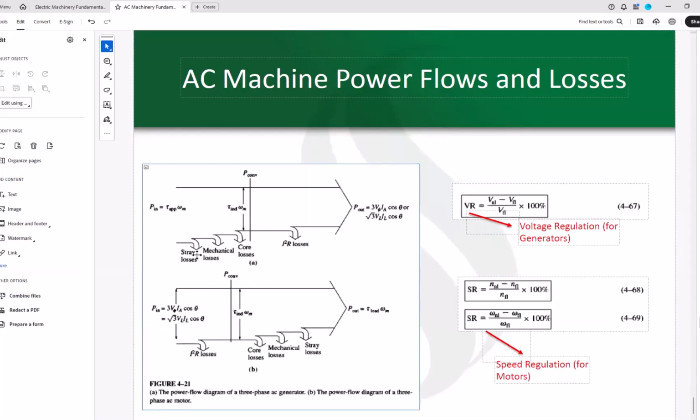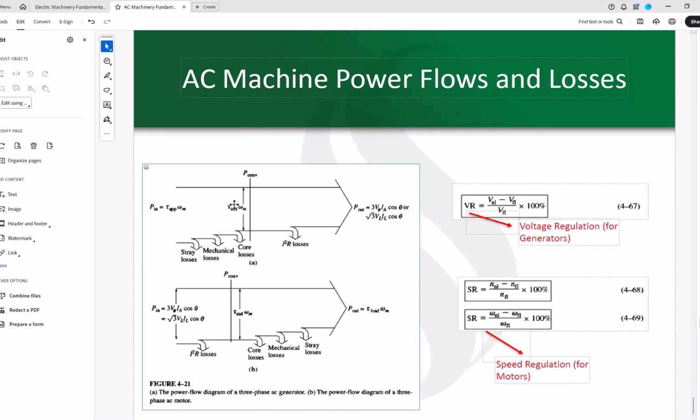When we're talking about the flow of power, here we have the input power, tau applied times omega m. So this is going to be a generator. On the input side, you have your mechanical power. On the output side, you have your electric power. So you would be reducing the stray losses, mechanical losses, core losses. At this point, you get the converted power.